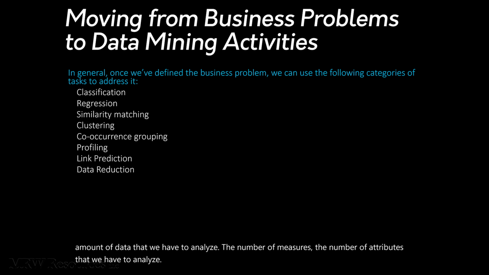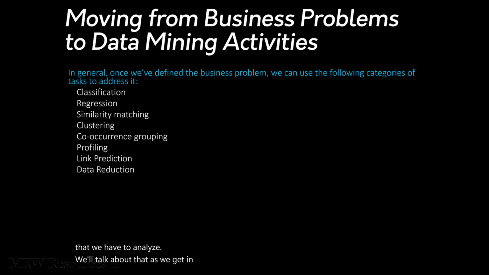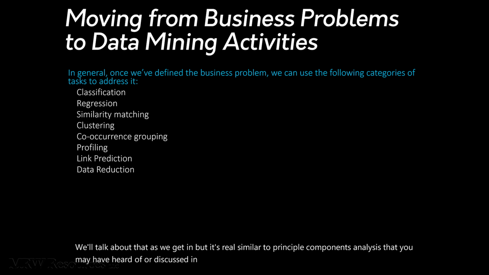We'll talk about that as we get in, but it's real similar to principal components analysis that you may have heard of or discussed in a stats class in the past.